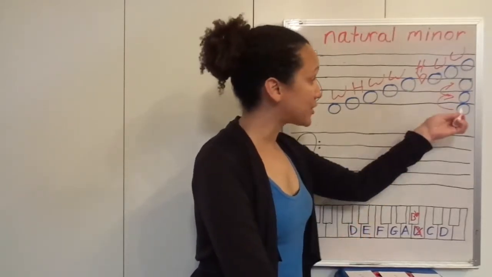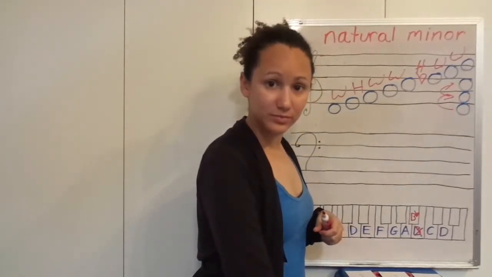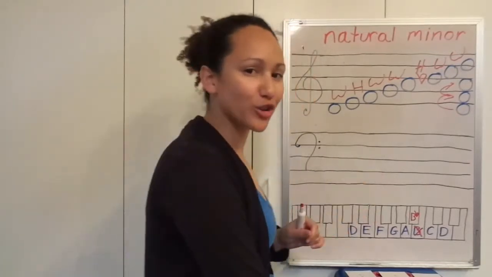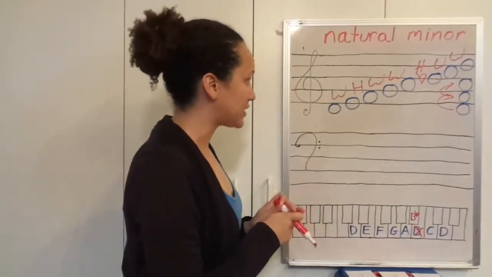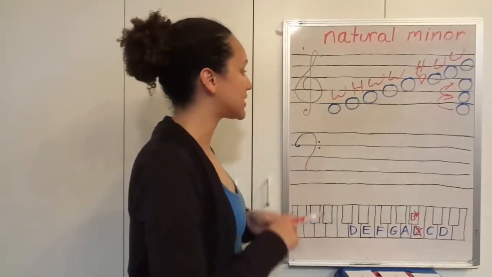Now here's the minor without the sharp on the F. It's a little bit richer, a little bit darker sound because the F has been lowered into a minor place. So we have the whole step, half step pattern, and that gives us the minor sound.